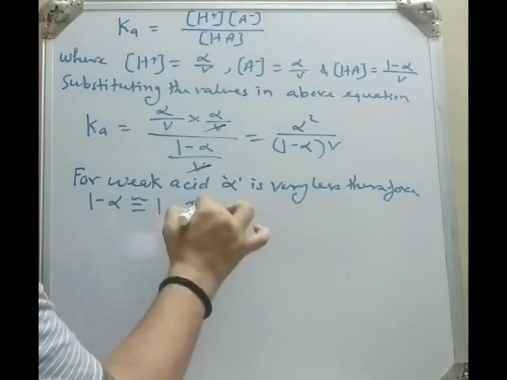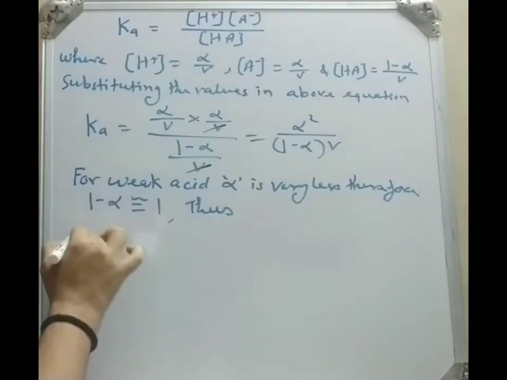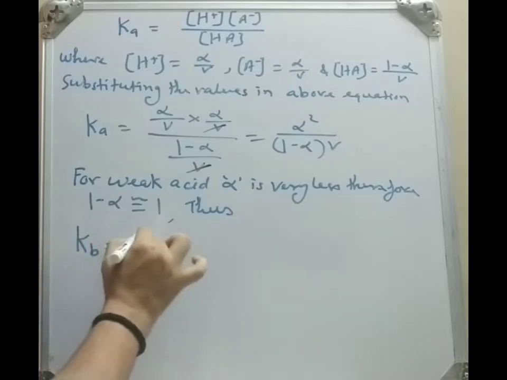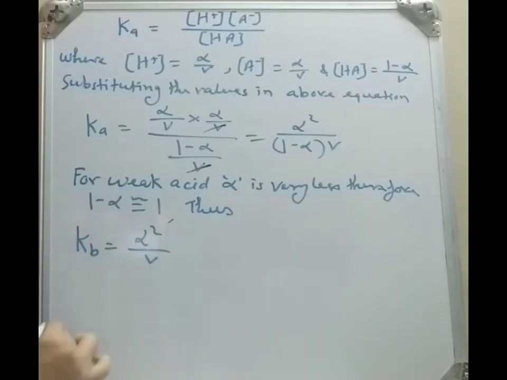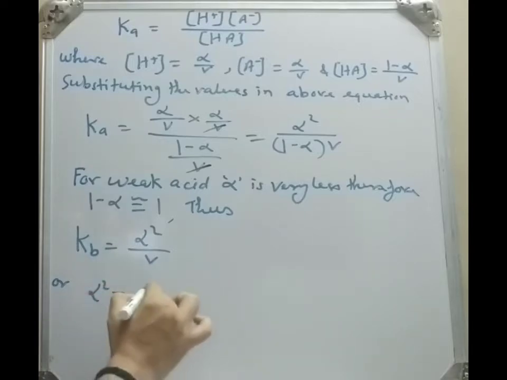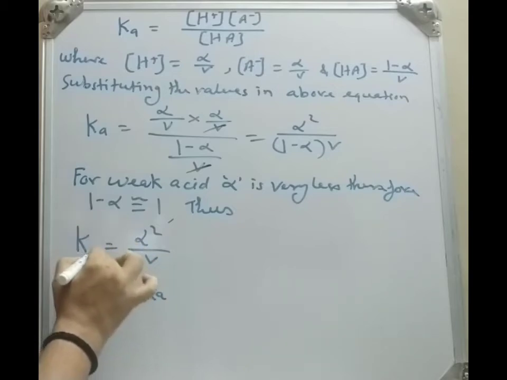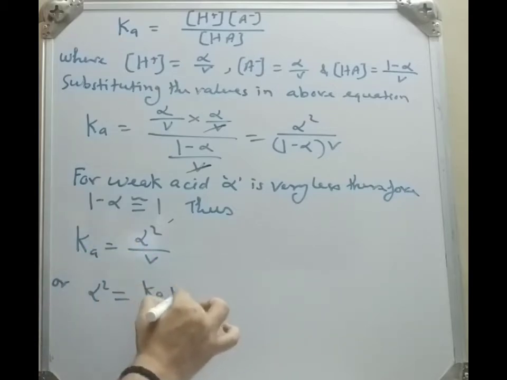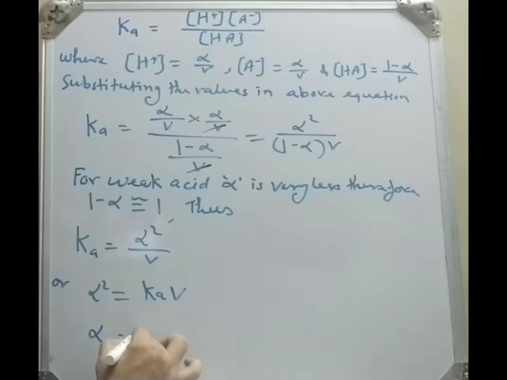So our equation can be written as Ka is equal to alpha square upon V, or alpha square is equal to Ka into V, or alpha is equal to root of Ka into V.